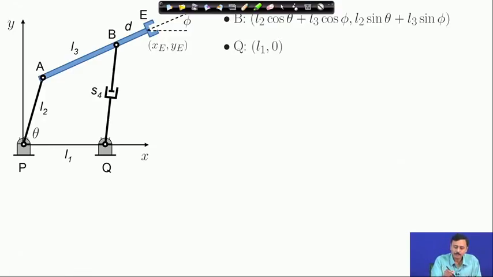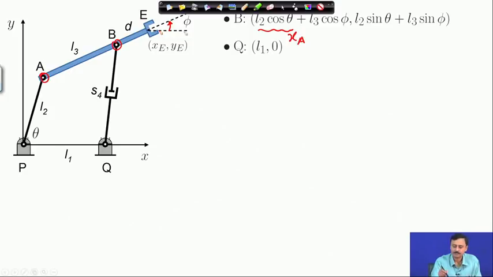So, the point B, here you see we have this point B, whose coordinates you can now very easily find out is L2 cos theta, which is the x coordinate of point A, plus L3 cos phi. Now, this angle phi is an orientational coordinate. So, this gives the orientation of the end effector link with the datum, the x axis.